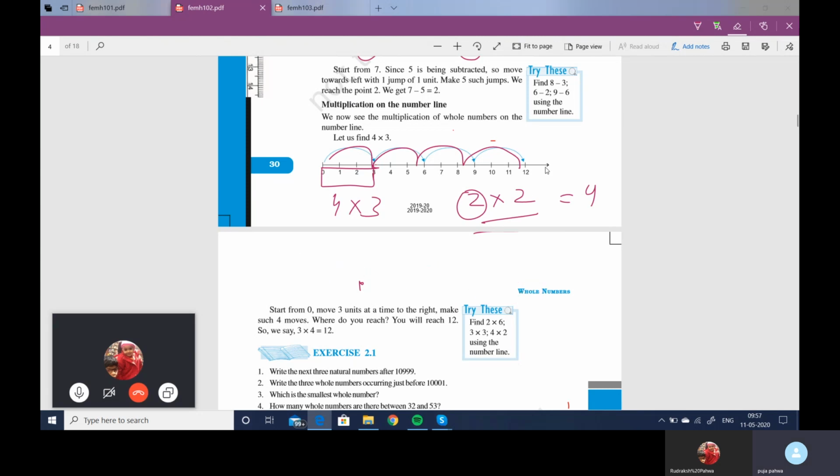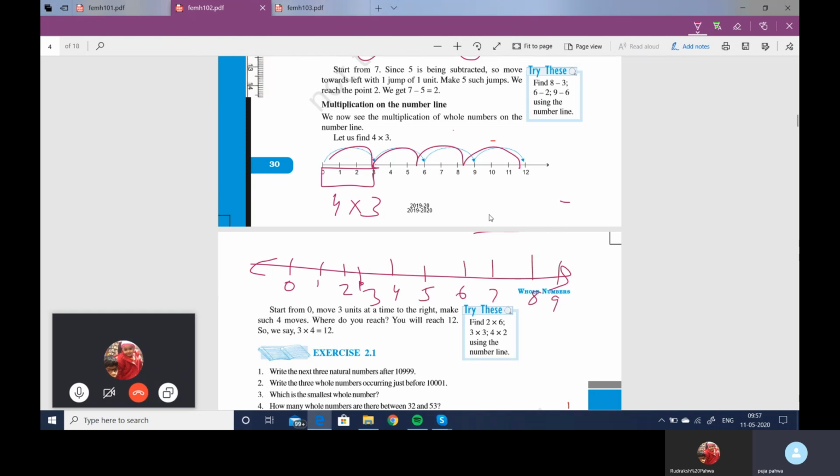We'll draw a number line: 0, 1, 2, 3, 4, 5, 6, 7, 8 and 9. We want to calculate 3 into 3. So 3 objects and 3 jumps. 1, 2, 3, 1, 2, 3 and 1, 2, 3. Okay.